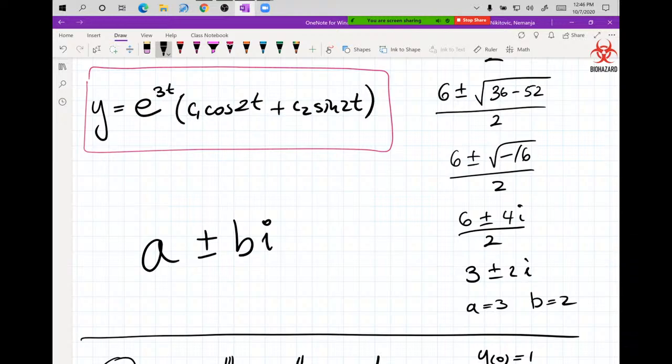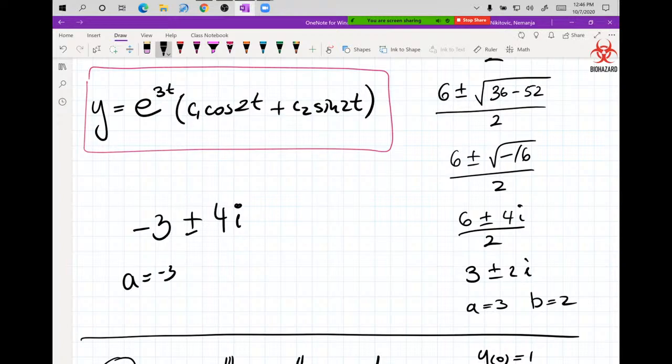If you have, let's say, negative 3 plus minus 4i, your a is negative 3, your b is 4. So a, you take whatever is there, and b is always going to be a positive value.